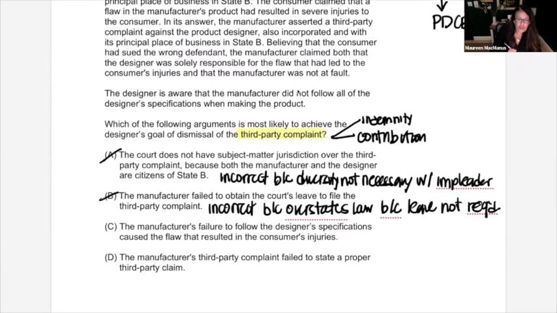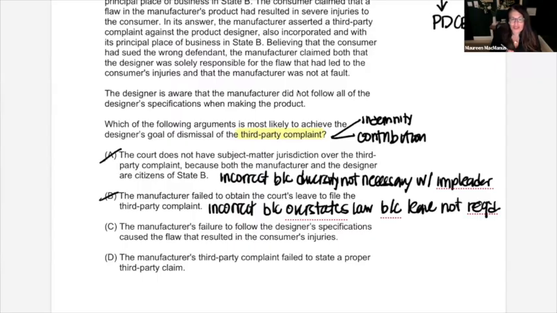C, the manufacturer's failure to follow the designer's specification caused the flaw that resulted in the consumer's injury. Okay, so this is basically trying to say it's also their fault. But that's not how the designer is going to get out of this.